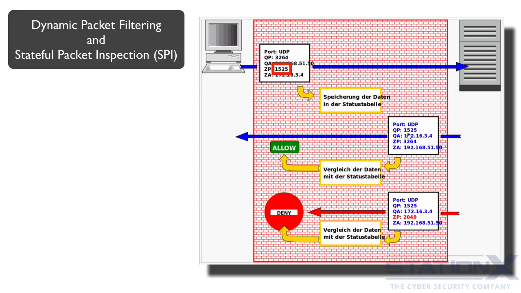When the connection is closed with a FIN or RST packet, the firewall removes the dynamic access control list. And for UDP, which is connectionless, the access control list just times out. So that's an introduction to network and host-based firewalls and virtual firewalls.